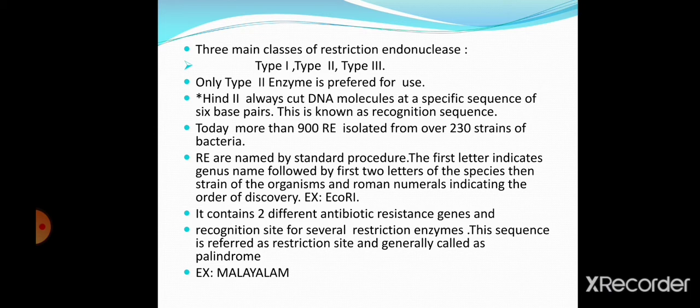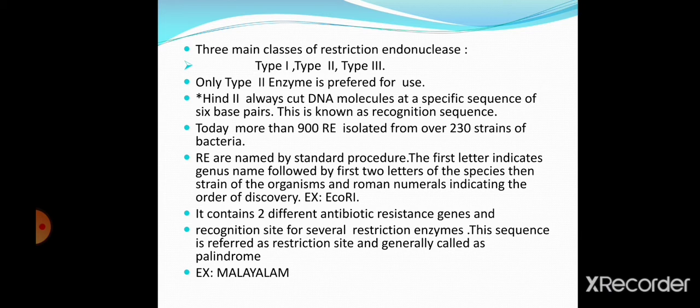Finally, the Roman numeral I indicates the order of discovery. E for Escherichia, co for coli, R for strain RY13, and I for the first enzyme to be discovered.